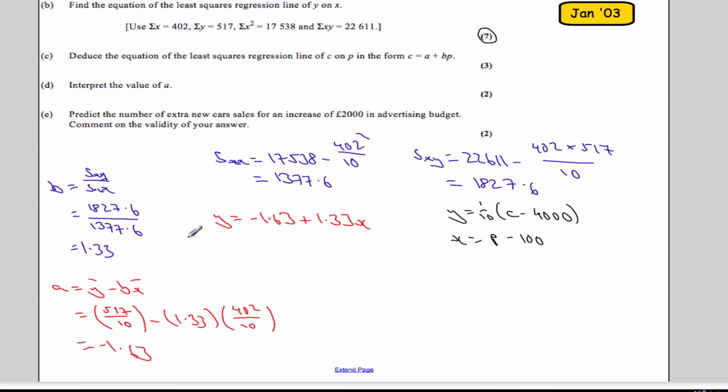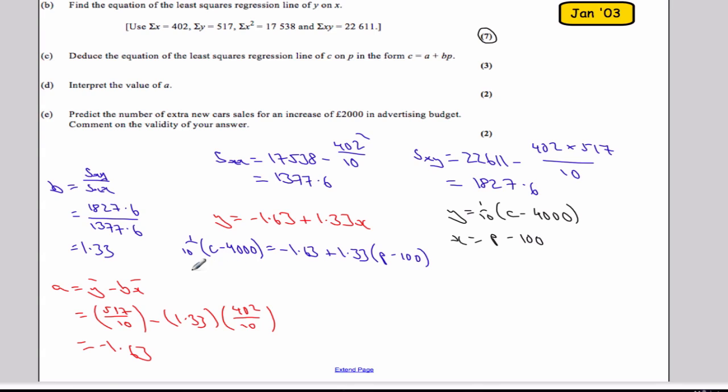So Y, we're going to get 1 over 10 times C minus 4,000 must equal minus 1.63 plus 1.33 times X, which is now P minus 100.